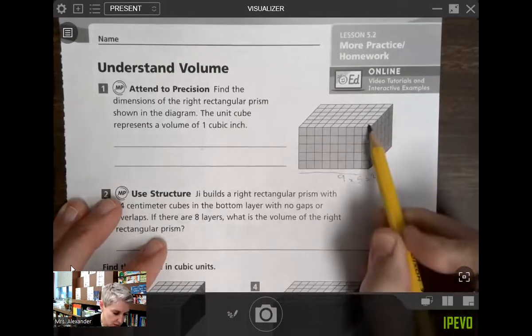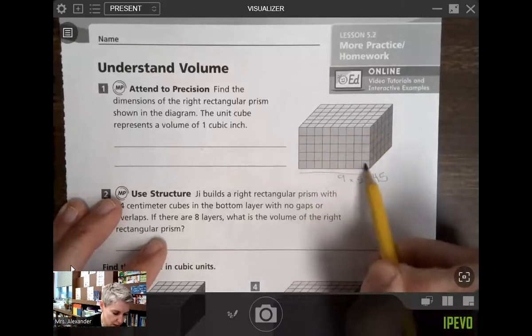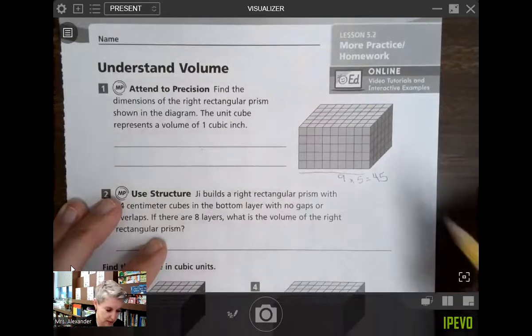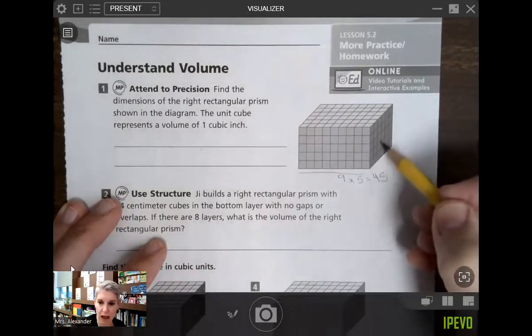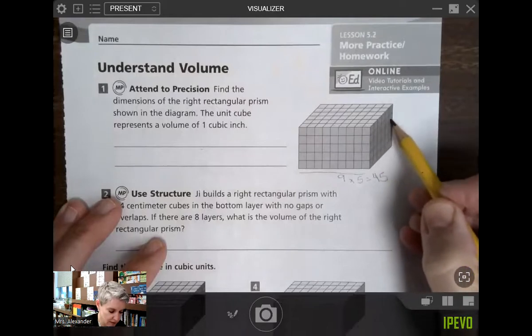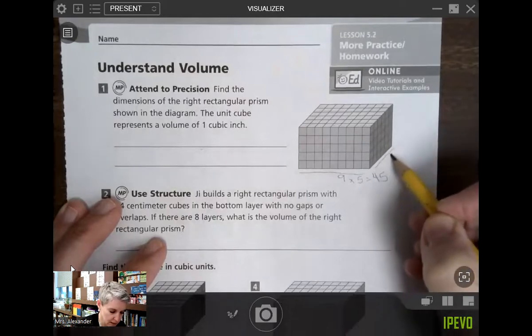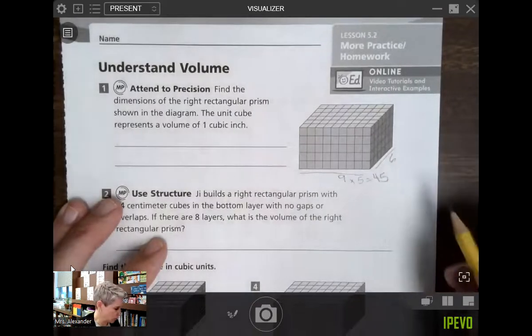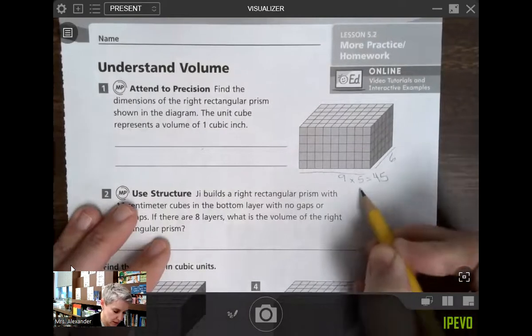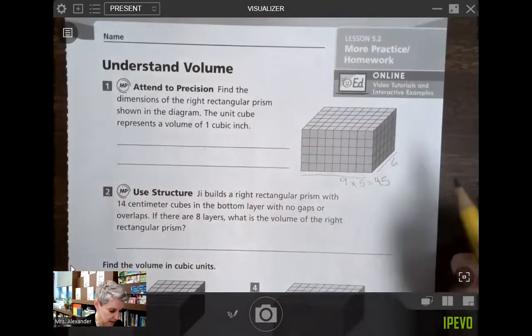But again, that's only this first section if I were to cut off this first little panel. Now I need to look at how wide it is. 1, 2, 3, 4, 5, 6. That is 6 layers wide. So I'm going to say that would be 9 times 5 times 6.